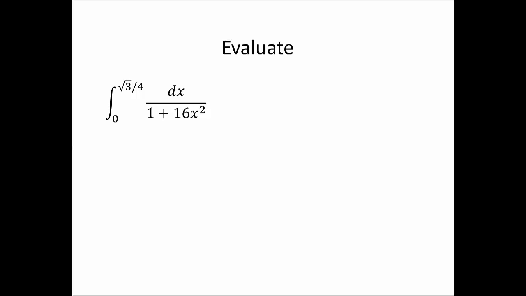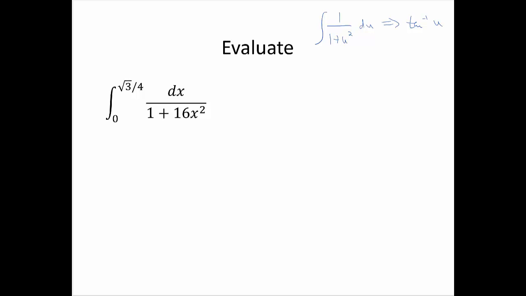We're asked to integrate from 0 to root 3 over 4 dx over 1 plus 16x squared. Well, here's what I know. If I had the integral of 1 over 1 plus u squared du, that would go to tangent inverse of u.